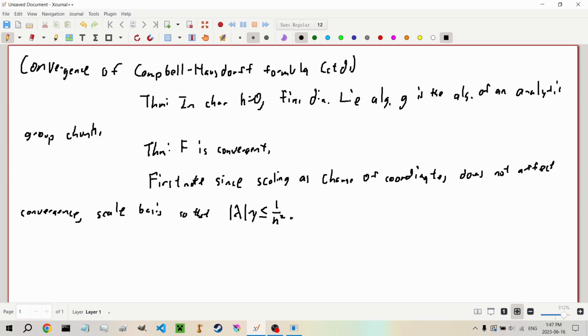We're assuming this on our basis without loss of generality.